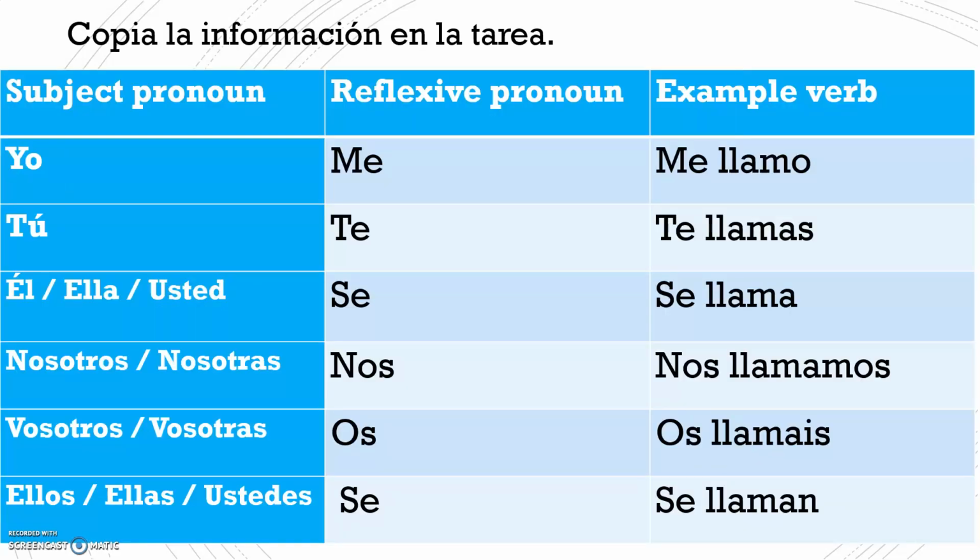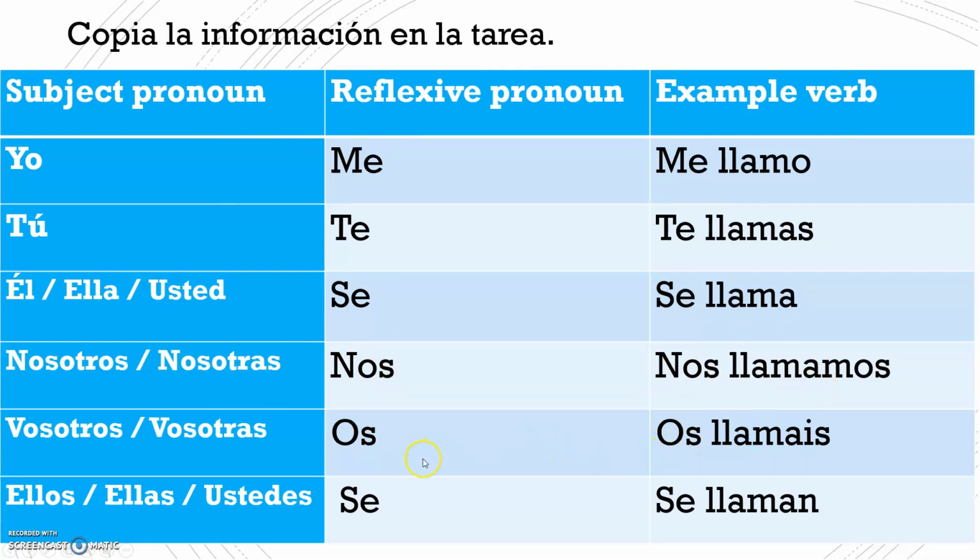So here are the reflexive pronouns. We've been talking about se, as in se llama. You also know me, as in me llamo. Te goes with tú, as in te llamas. Se can go with él, ella, or usted. The reflexive pronoun for nosotros or nosotras is nos, as in nos llamamos, we call ourselves.